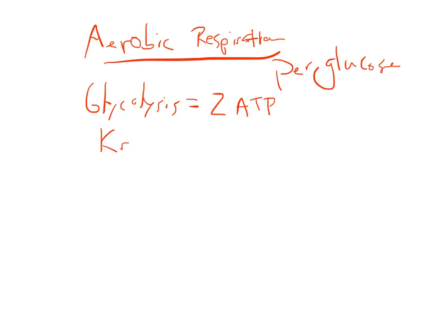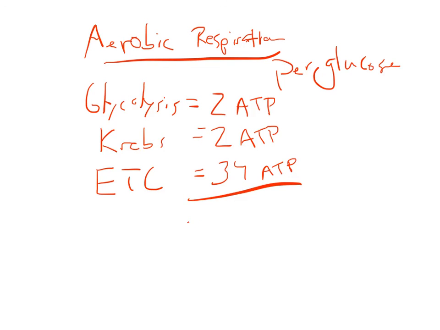We're going to get 2 ATP from the Krebs cycle, and we're going to get 34 ATP from the electron transport chain, for a grand total of 38 ATP for every glucose that goes into aerobic respiration.